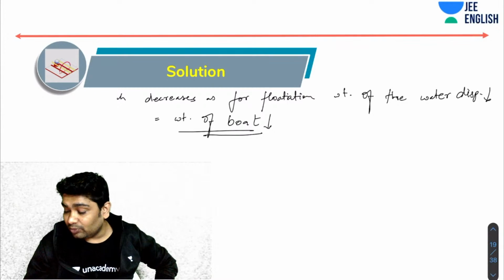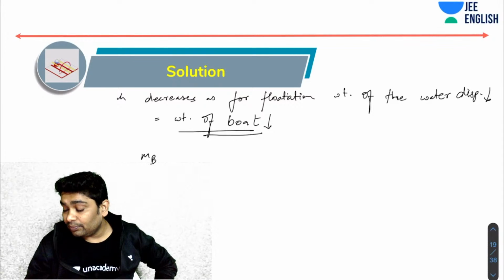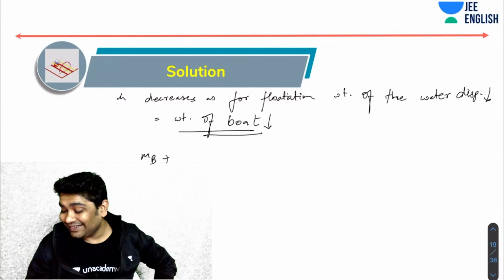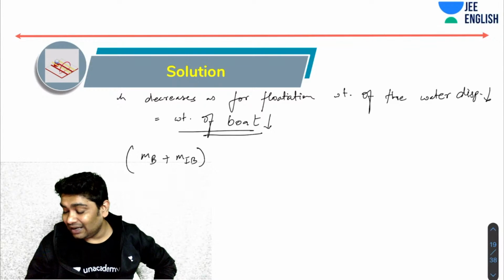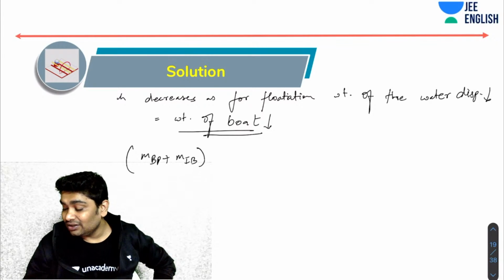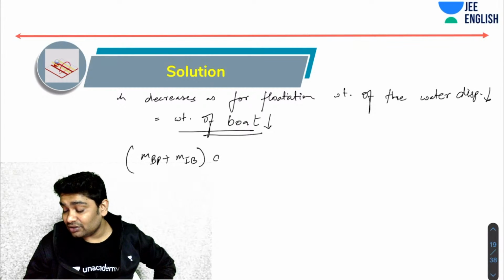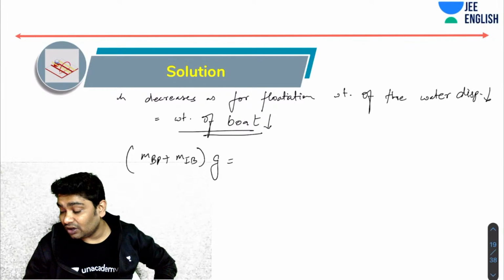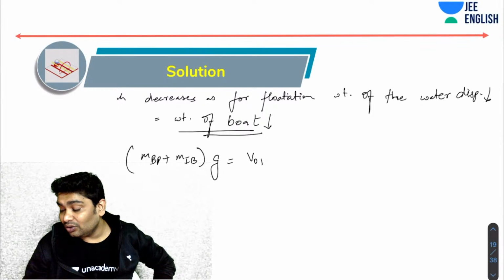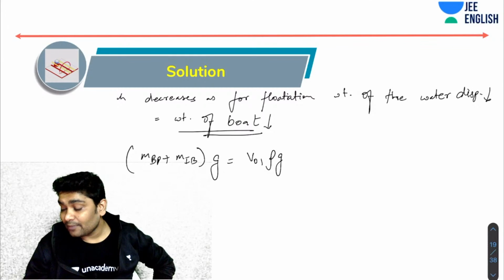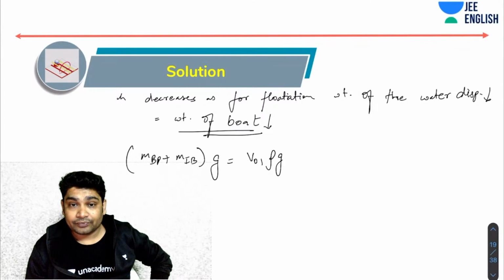The mass of the boat, the iron balls, and the person, times g, should be equal to V naught 1 rho g. Agreed.